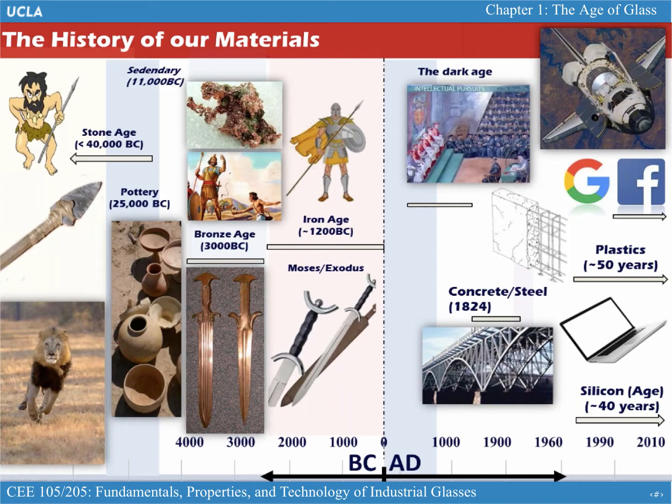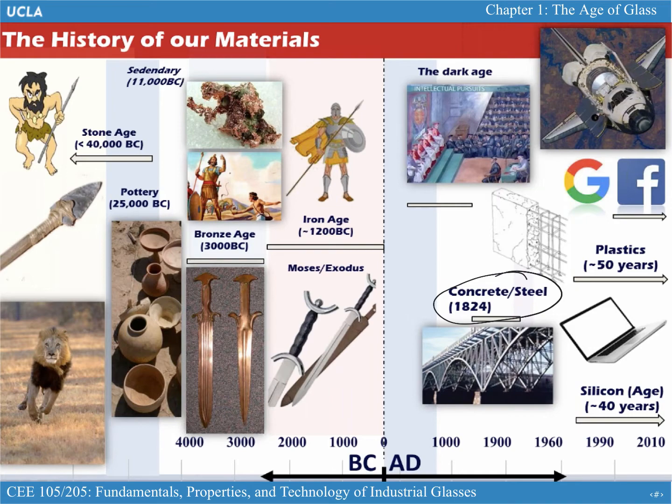More recently, other types of materials have become more influential. For example, the development of concrete and steel is what has enabled modern infrastructure, like the ability to build large infrastructure at a pretty low price.